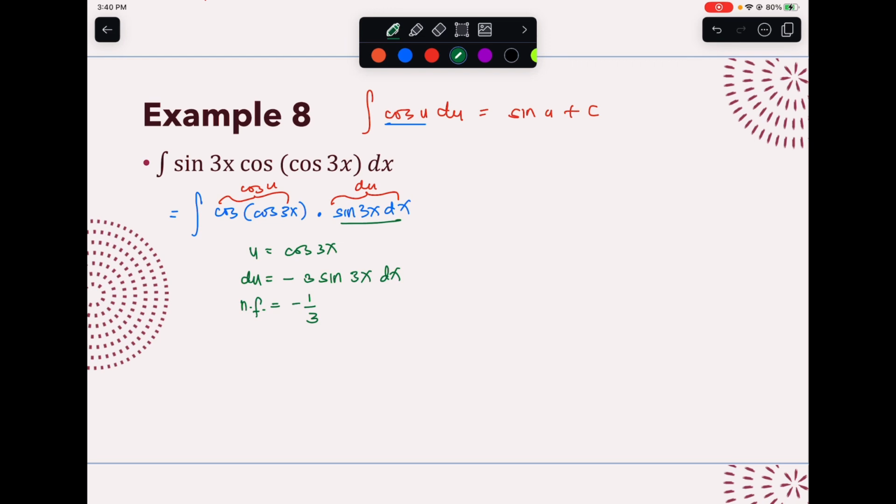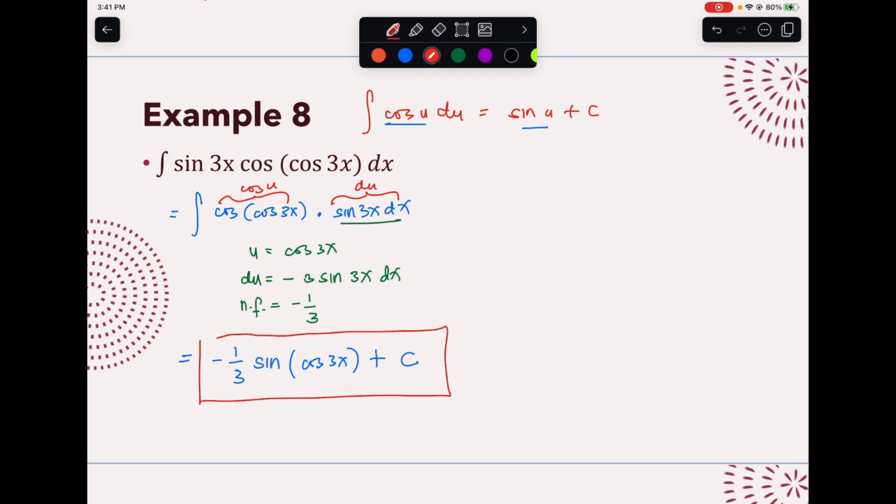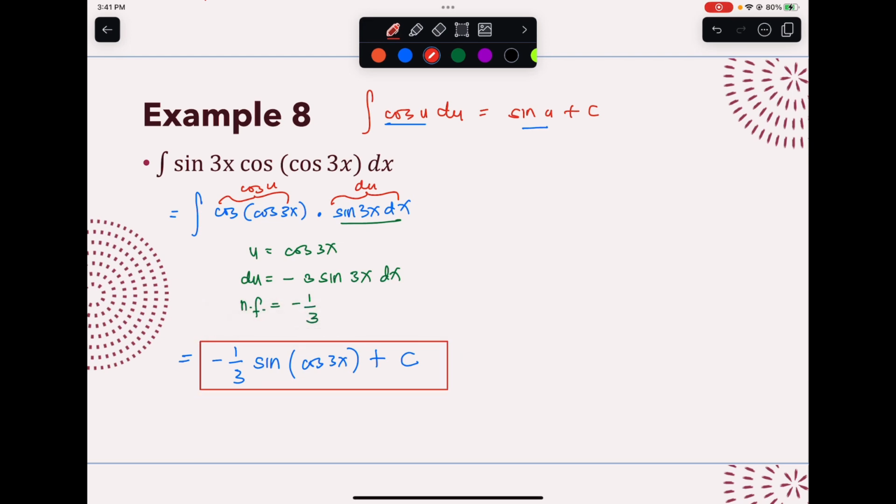So sine 3x, and then the neutralizing factor is negative 1/3. Therefore, I can now use this formula. It's simply the neutralizing factor of negative 1/3, and then sine u plus c. Our u is cosine 3x, so negative 1/3 sine of cosine 3x plus c.